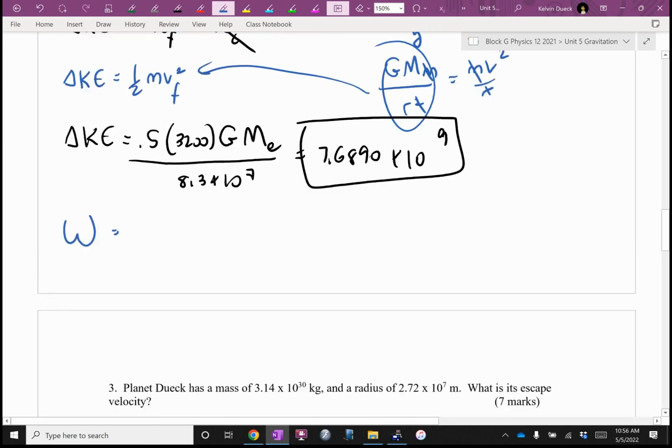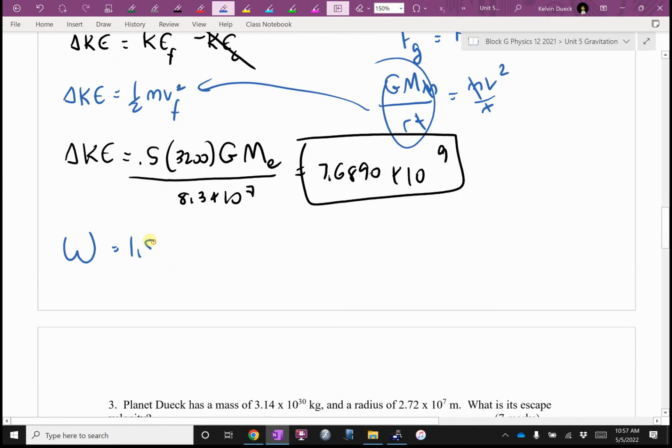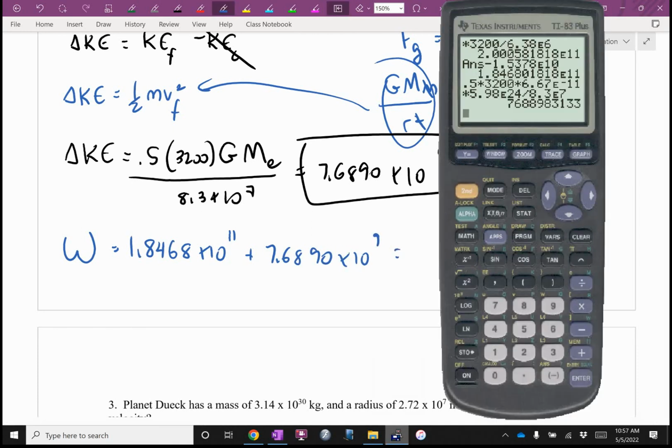It's going to be 1.8468 times 10 to the 11th plus 7.6890 times 10 to the 9th. Is that right, folks? Hopefully, we'll find out.